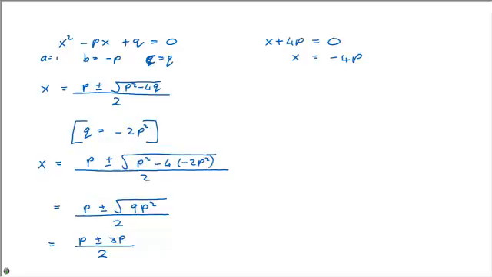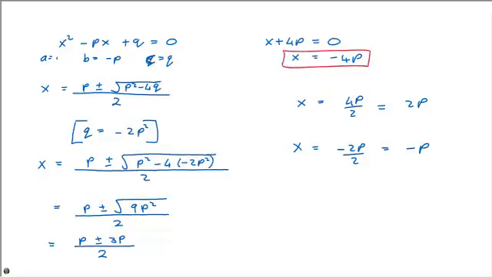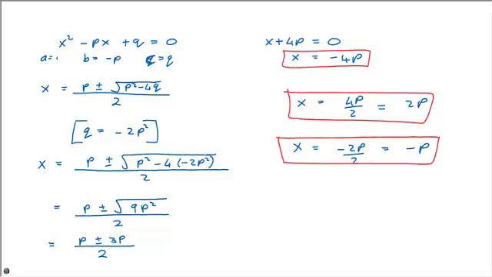You're going to have, so just taking it back up here, so x is going to equal to p plus 3p, so it's 4p over 2, so it's 2p is the other one. And your final root, your third root, is p minus, so it's minus 2p over 2, so it's minus p. Make it clear for the examiner. There's one root, there's your other root, and there's your final root.